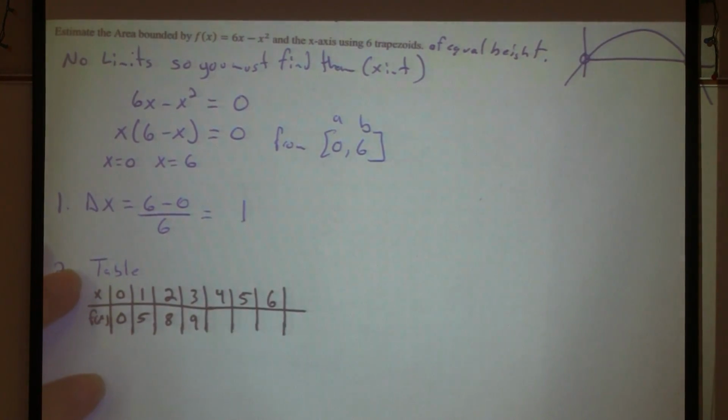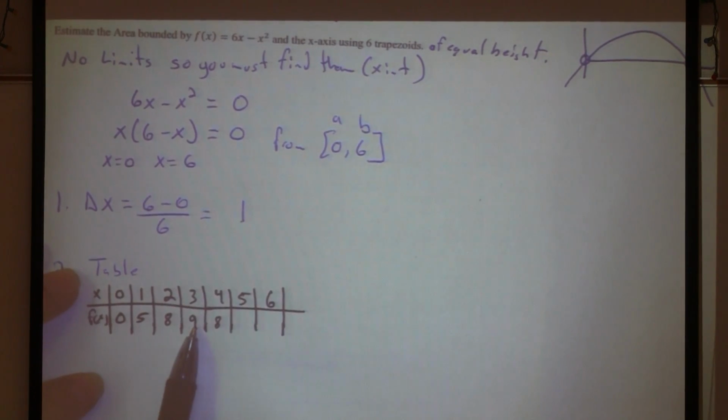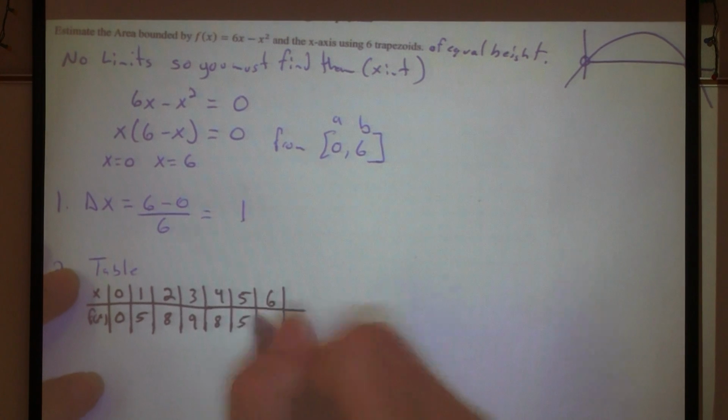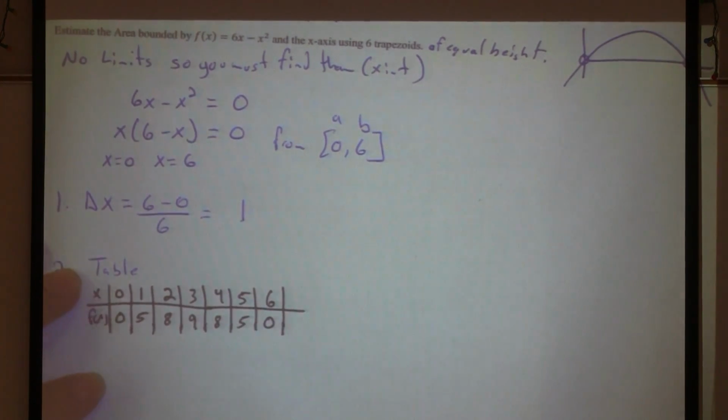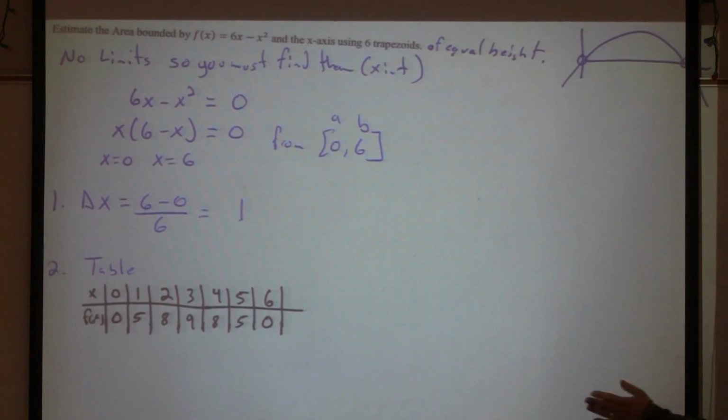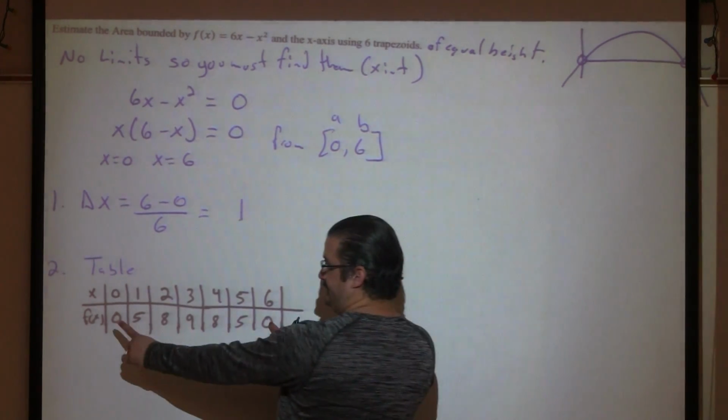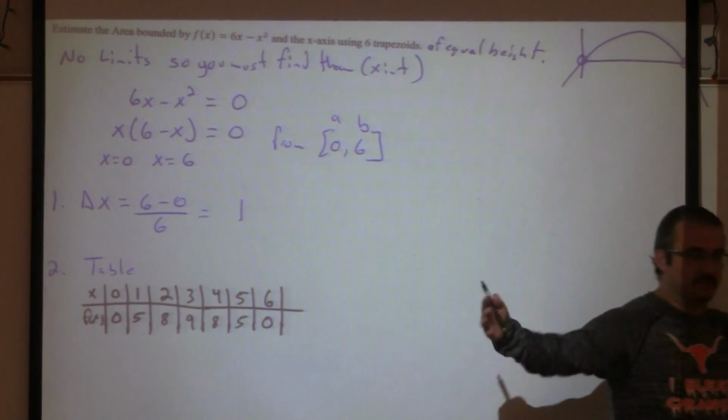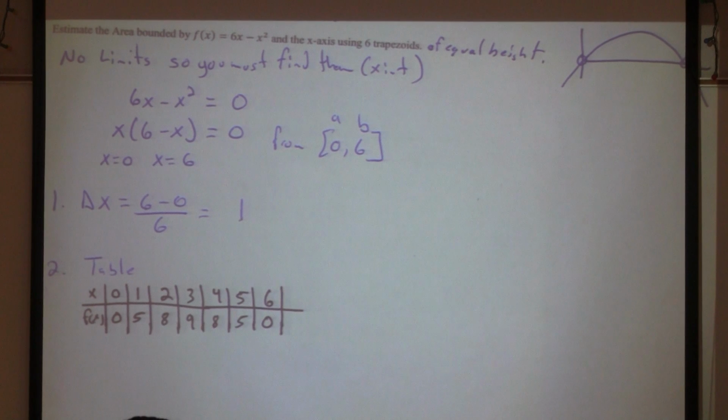Plug in 4. 8. Oh my god, it's a parabola, right? Kind of like we reached our maximum. So 5 and 0, right? We know at 0 and at 6 it better be what? 0, because those are my endpoints. So it's on the x-axis, right? Cool? We're ready to find the area using the table?